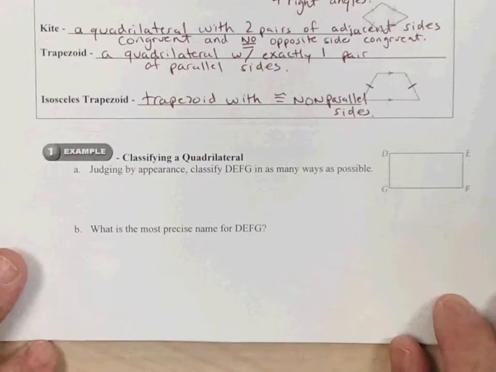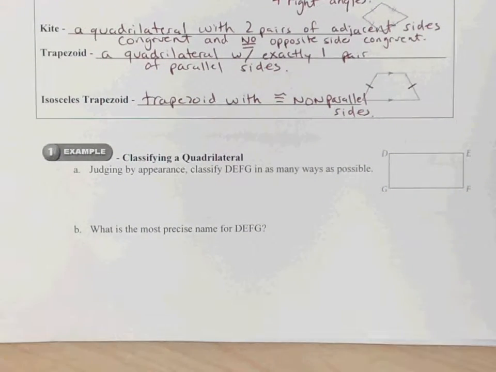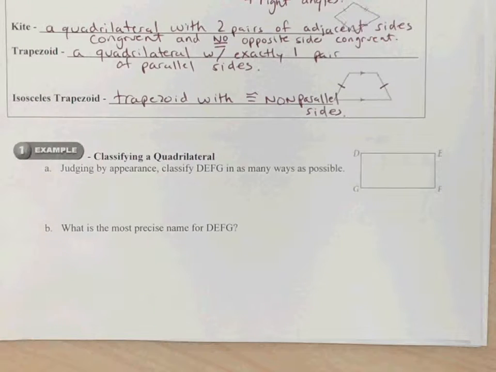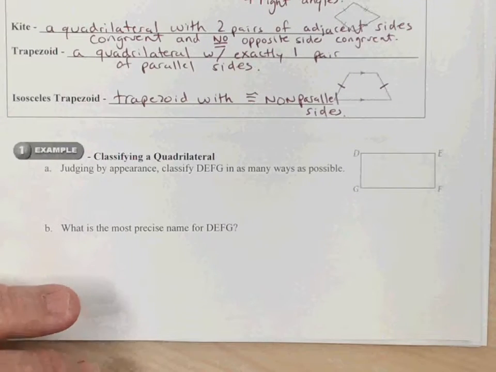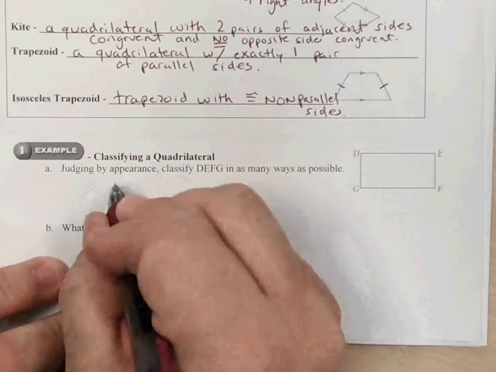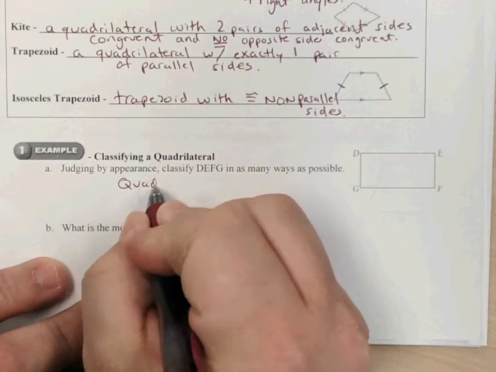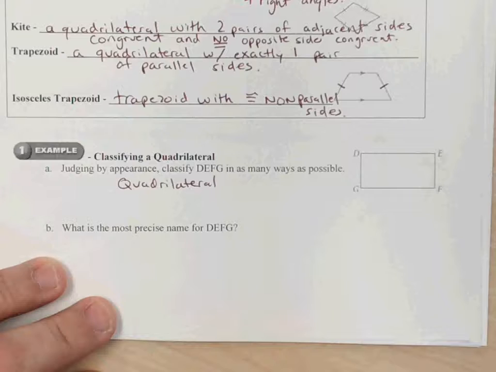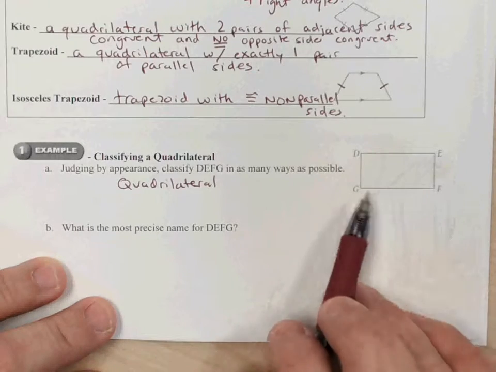Alright, so based on that information, we should be able to identify, just by the appearance of DEFG in that figure, and try to classify that quadrilateral. Obviously, DEFG is a quadrilateral because it has four sides.